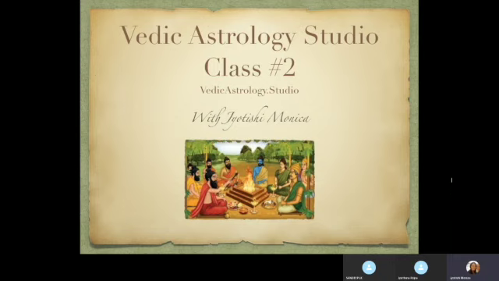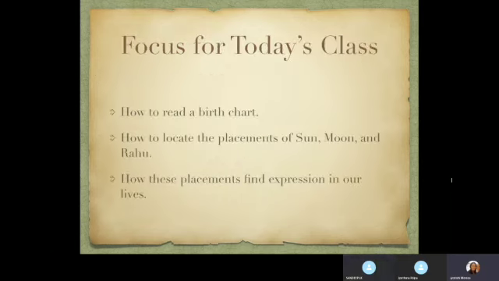All right. And I am assuming that you guys don't know anything about how to read the chart. So I will focus on 3 planets. They're called grahas because they're not really planets, like the sun and the Rahu are not planets, but grahas means to grasp or to seize.